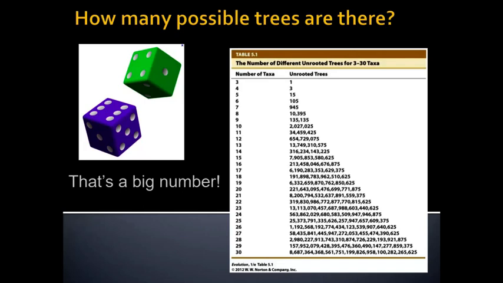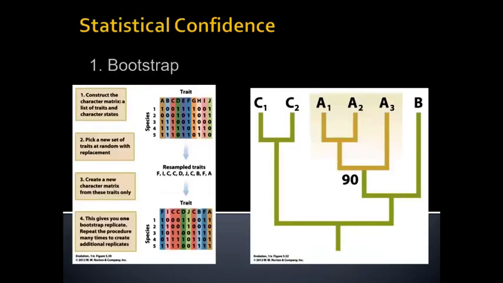And so often people will use big, huge supercomputers with lots of power to help them find the best phylogeny. But again, they're not searching every single possible one, but they can still be reasonably certain that they found the best one. Okay, so we implement a search strategy that is not an exhaustive search strategy, but it still is good enough.